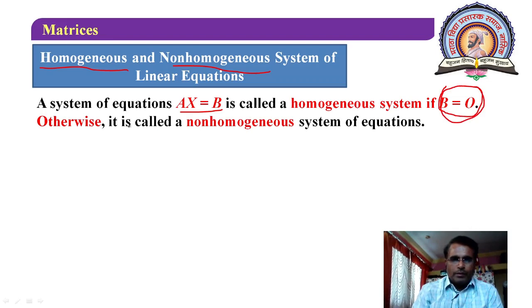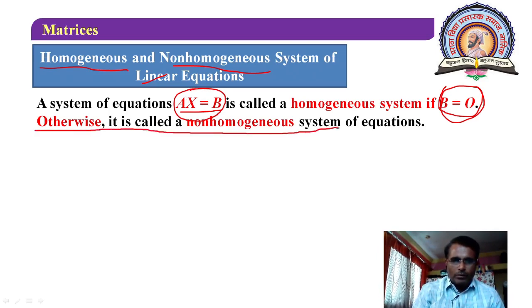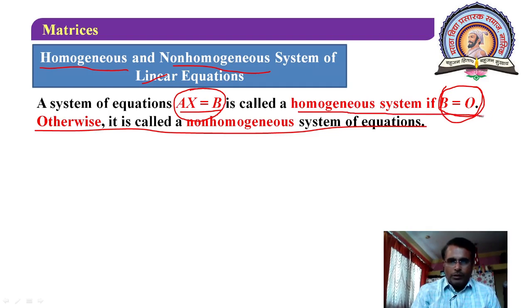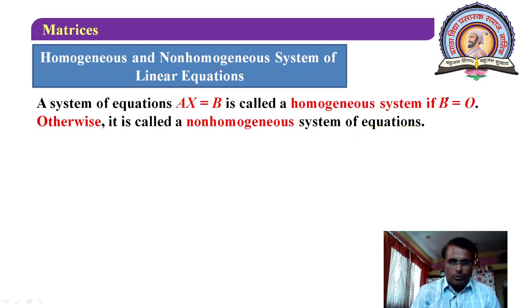That is, if the right hand side constant matrix B is 0, meaning all right hand side constants are zeros, then we call that system homogeneous. But if any one of the entries is non-zero, then it is called a non-homogeneous system of linear equations. So there are two types of systems: homogeneous, in which B is equal to 0, and non-homogeneous, in which B is not equal to 0.